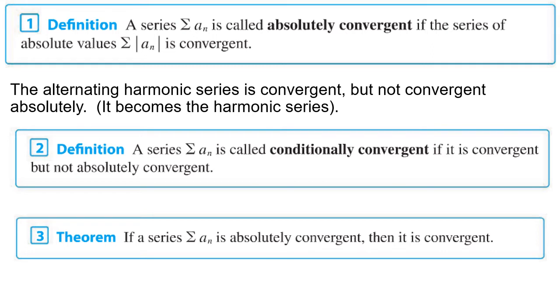And there's a theorem at the bottom that says if a series is absolutely convergent, then it is convergent, which just makes sense. If it converges absolutely, then it definitely converges, and so we just say that it is overall convergent. If it diverges, then you don't have to check whether it's conditionally or absolutely convergent, because it'll just diverge.